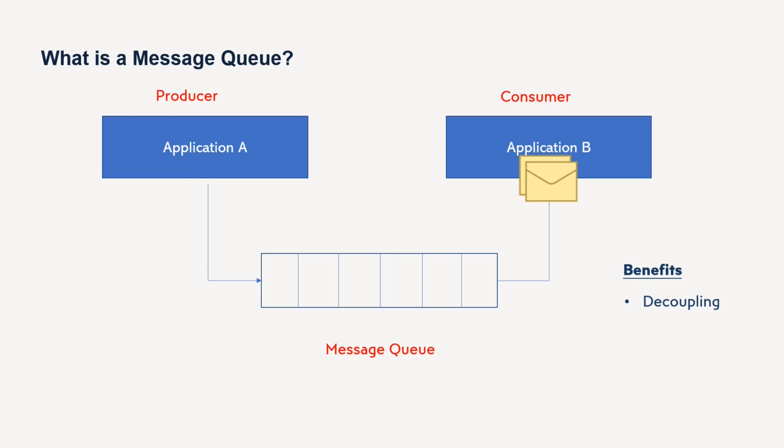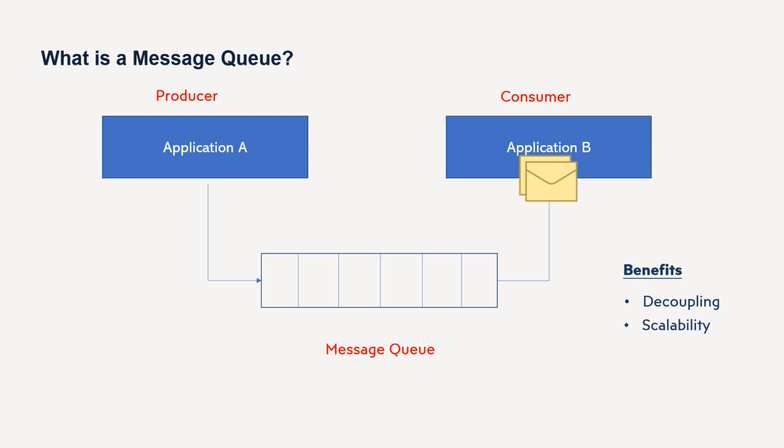Maybe app A is in Java and app B is in .NET, but they can communicate via the message queue. That is a very important benefit of this kind of setup.